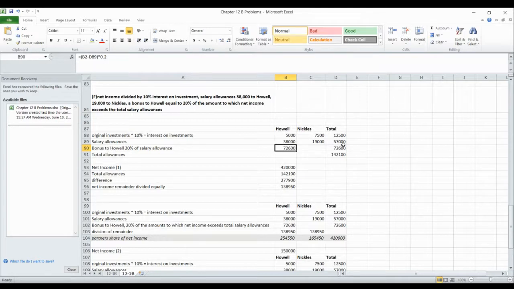In other words, the net income from part one was $420,000 minus the total salary allowance of $57,000. Whatever that gives you, you would multiply by 20%, and that amount is $72,600 that you would give to Hal.